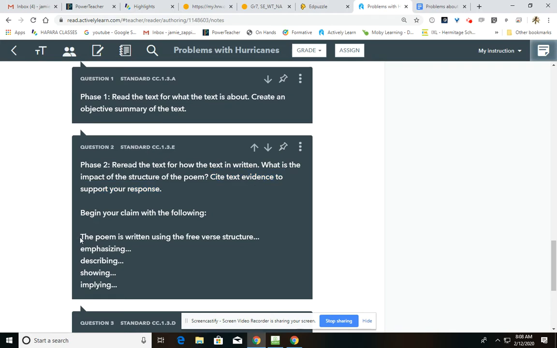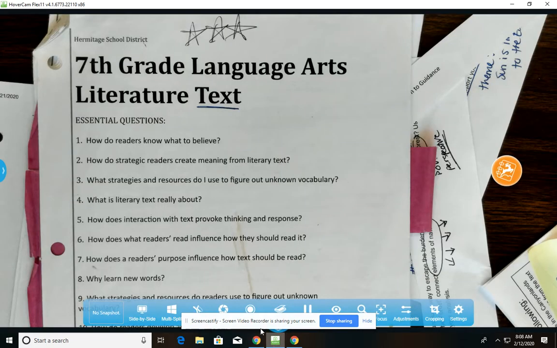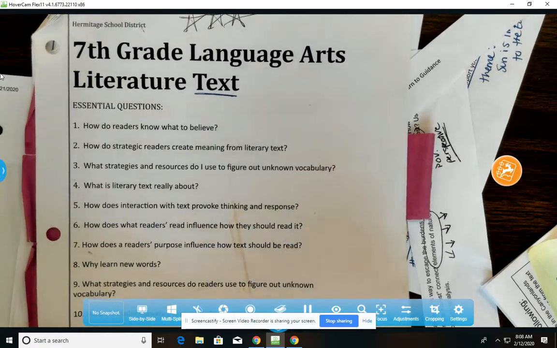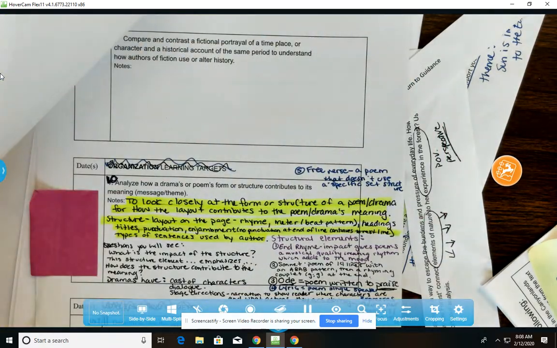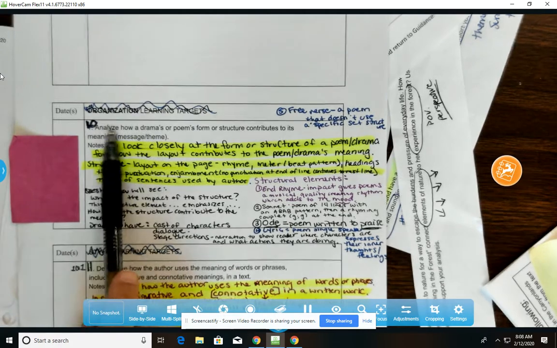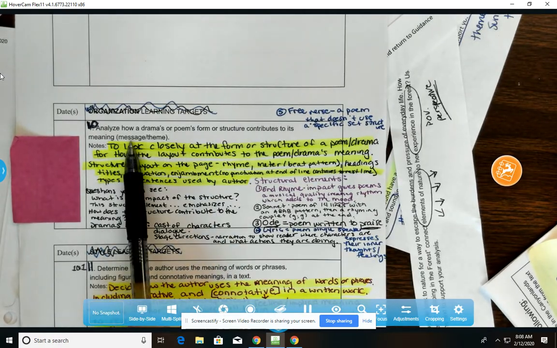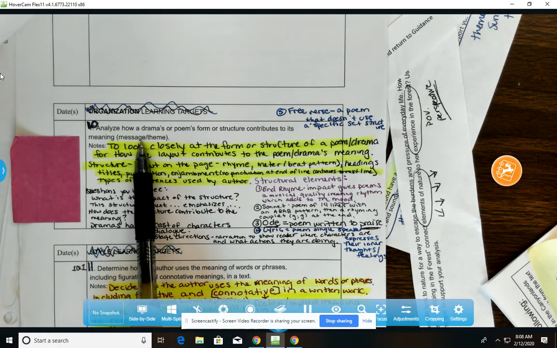Please begin your opening sentence with "The poem is written in the free verse structure to emphasize, describe, show, or imply" something. As we read for this phase, we're going to be focusing on learning target number 10, to analyze how the poem's structure contributes to the theme or message of the piece.